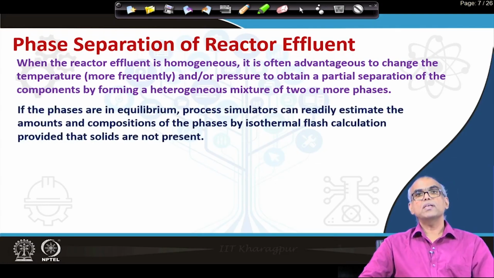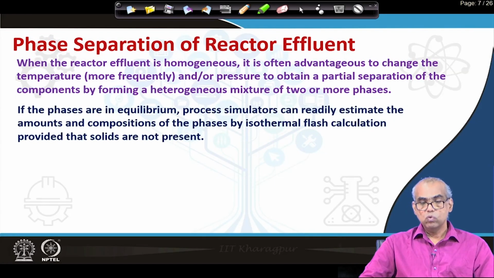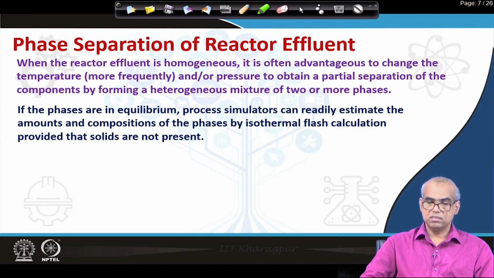If the phases are in equilibrium, we can take help of process simulators to readily estimate the amount and composition of the phases by isothermal flash calculations, provided that solids are not present.